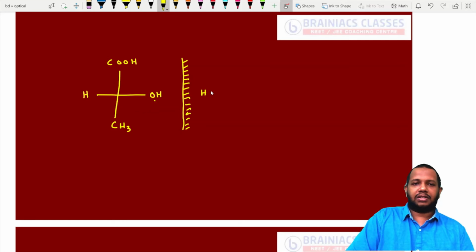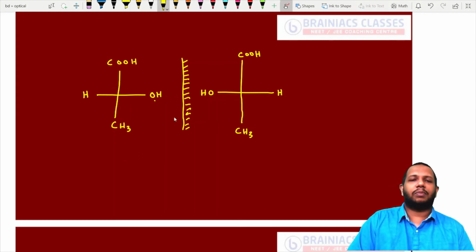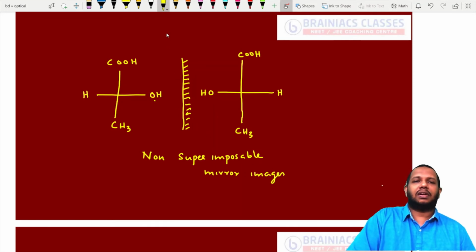So you will have H, OH and hydrogen, and there will be no change in the upside down direction. So COOH and CH3. And if you try to take this diagram and put it on top of the left one, it will not superimpose. So we can say these are non-superimposable mirror images. So these are enantiomers. Clear?